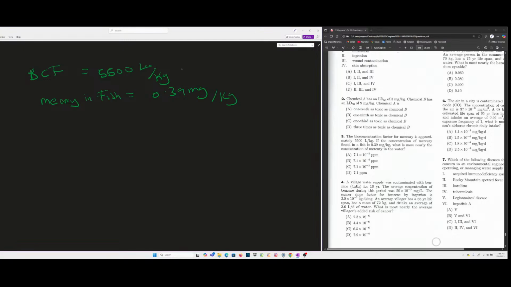These are in different units, so I want to convert them to parts per million.